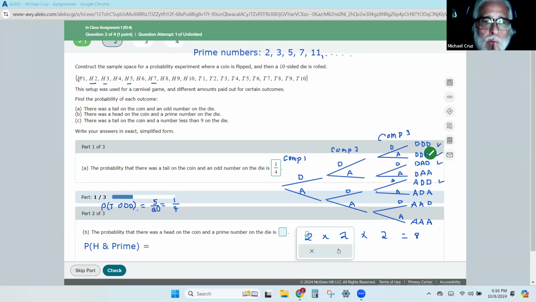See, 1 only has itself. 4 is divisible by 2, so you can't do that. 6 is divisible by 2 and 3. 8 and 4, 9 is divisible by 3, 10 by 2 and 5. So these are the only ones that we have underlined. So that's 4 over 20, which is 1/5. Okay, so let's put that in there.